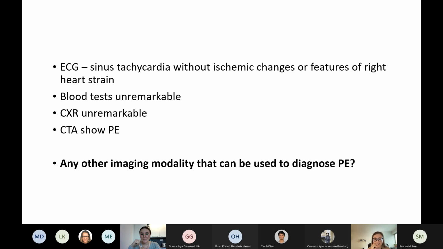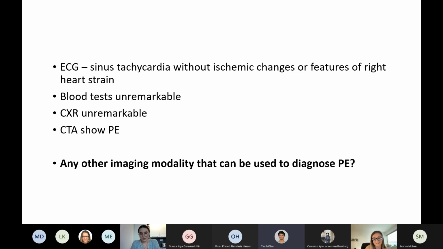MRI? You could, because it's soft tissue, but MRI takes a good 20 to 30 minutes. For example, she's unstable right now, and if we're not going to do anything very soon, she's going to die. Is there any kind of bedside modality that could help us out?